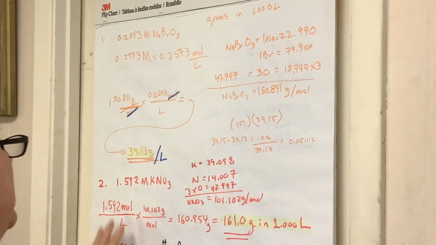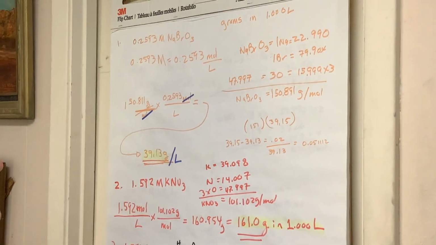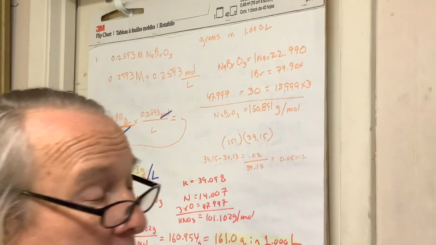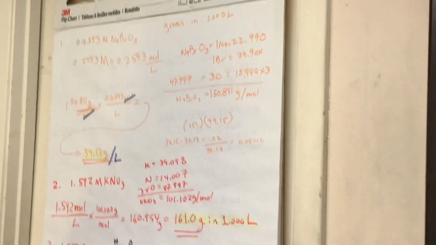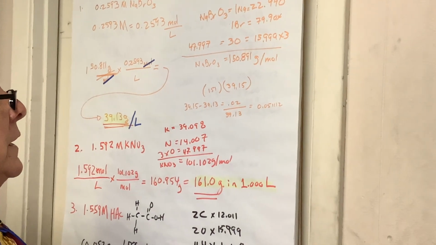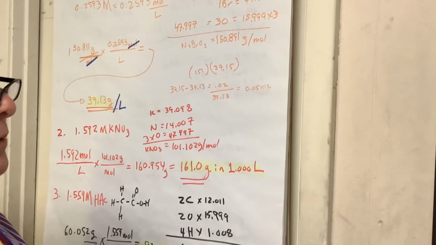So 4 sig figs, 39.13 is the solution to question number 1. We're going to do a quicker job of covering this in a second, but I want to make a point too.